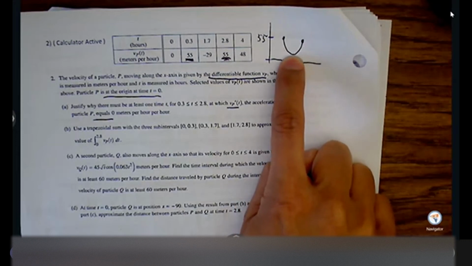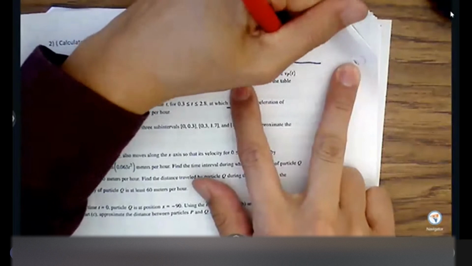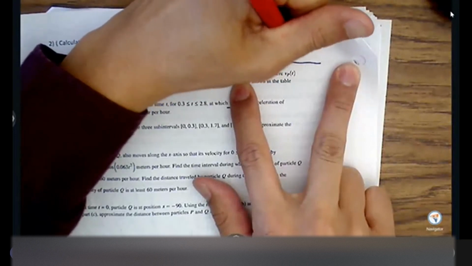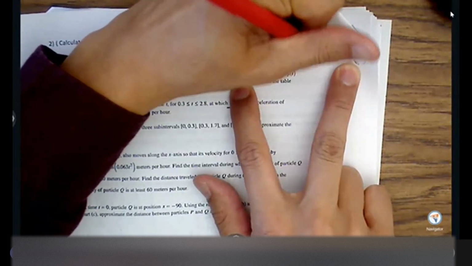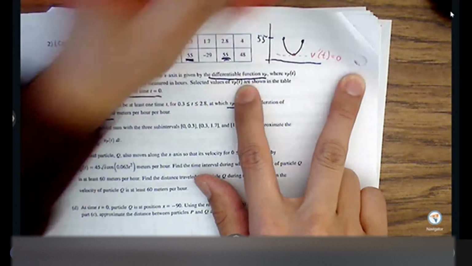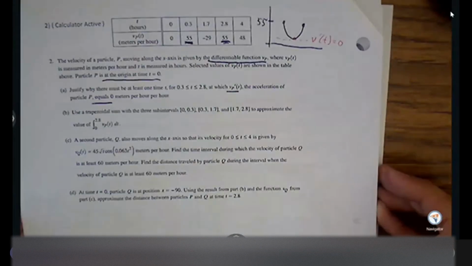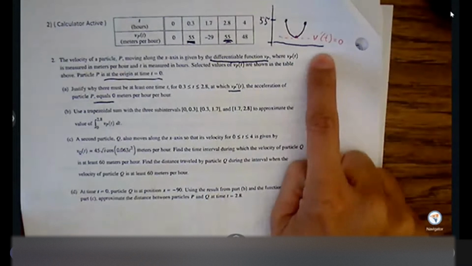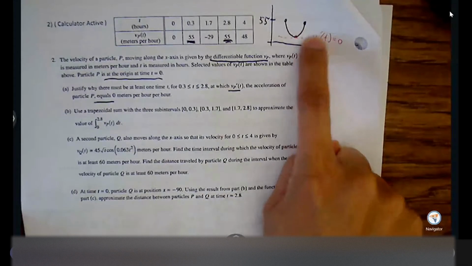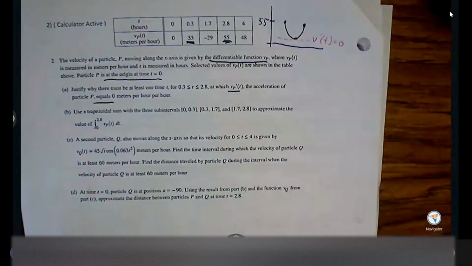And in that process, it's going to have to reach a slope 0, thereby guaranteeing that Rolle's theorem is achieved. There's a guarantee of slope 0 where acceleration is equal to 0 somewhere between my two endpoints.